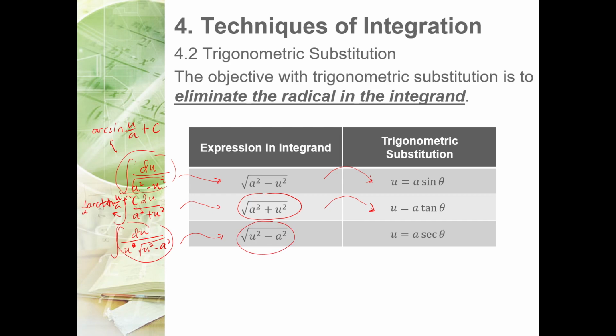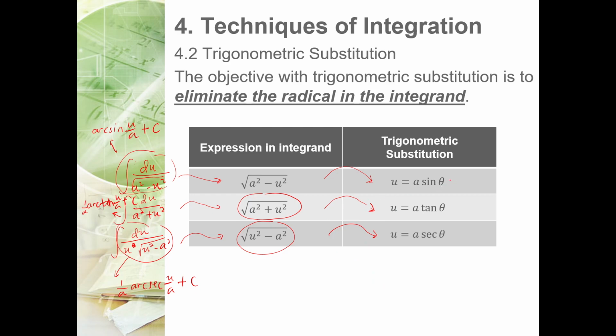We can use the formula u is equal to a secant theta. Notice the answer for your inverse trigonometric integrals is 1 over a arc secant u over a plus c. So notice that it looks like the different formulas from your inverse trigonometric integrals.